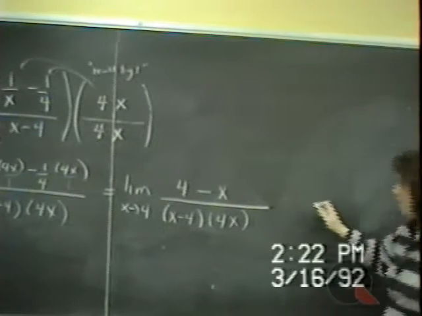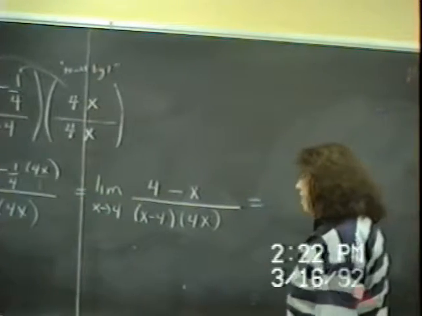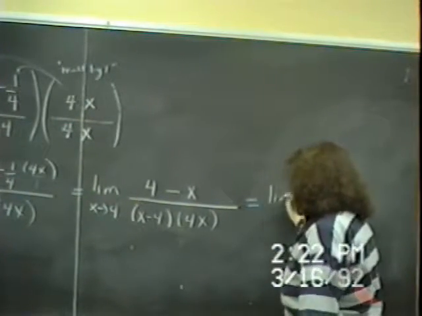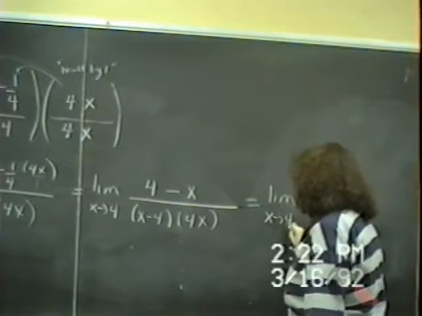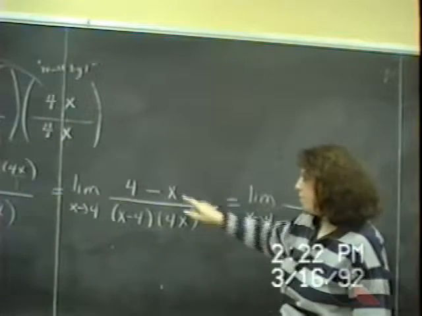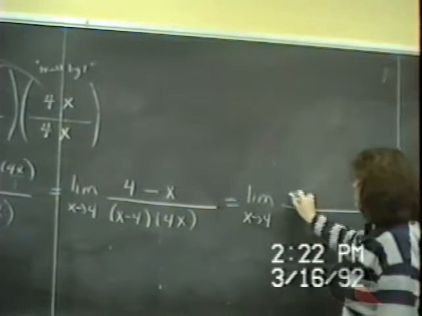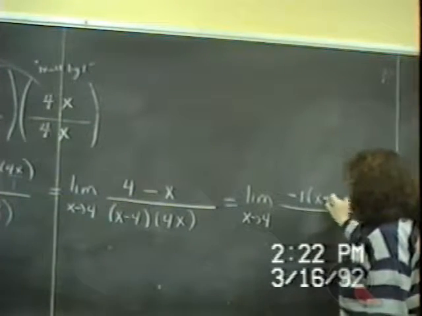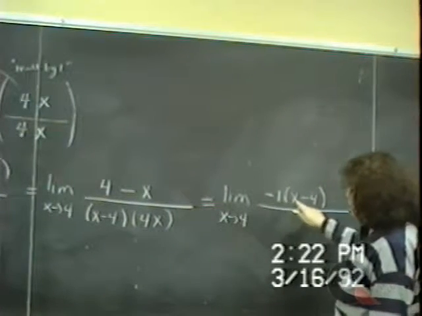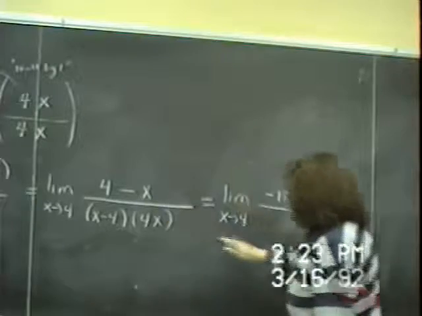Now, we're not quite at the stage that we can cancel things out, but if you factor the numerator, and it's not something that you ordinarily think of doing, but if you were to rewrite the numerator, 4 minus x, as minus 1 times x minus 4, let's see if that's right. Minus 1 times x, that's minus x.